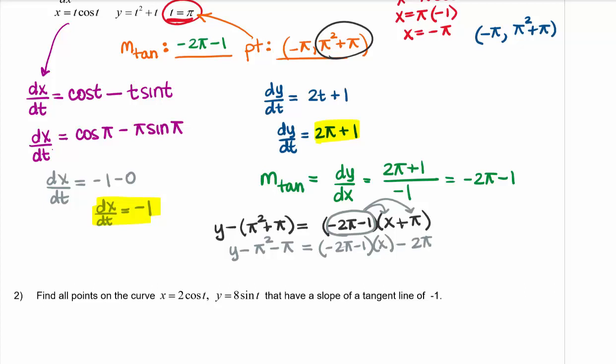Because then when I combine like terms and I add pi squared to both sides, and I add pi, this does get a little bit nicer. I'm not saying it's amazing, but it does get a little bit nicer in terms of how many terms I'm going to have left, because on the right hand side, that negative pi and positive pi will add to 0.